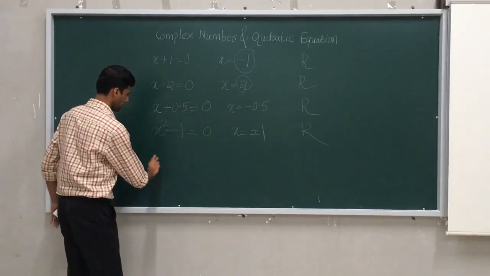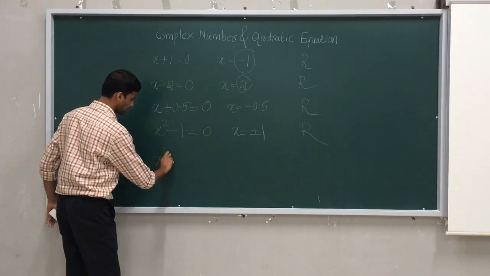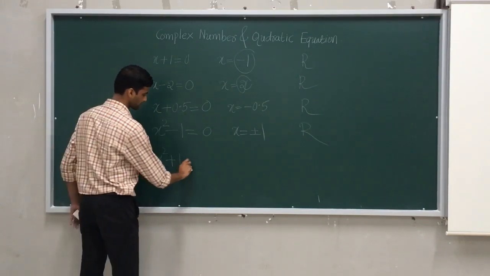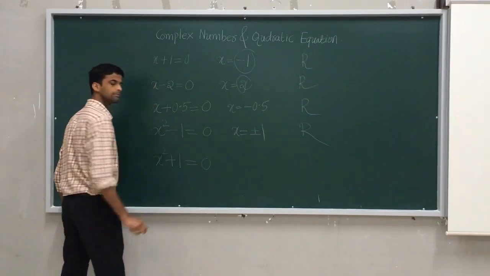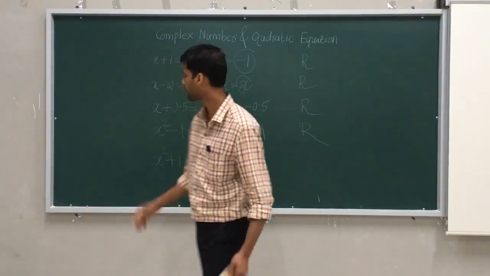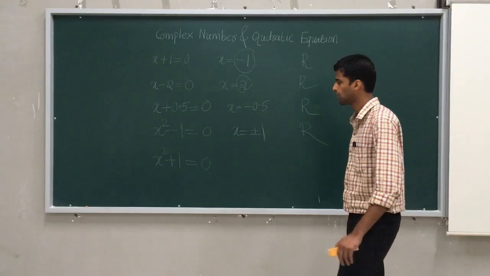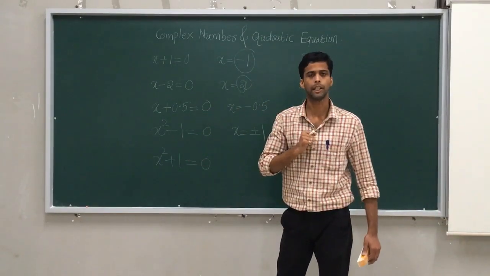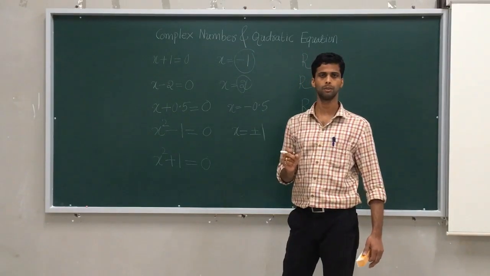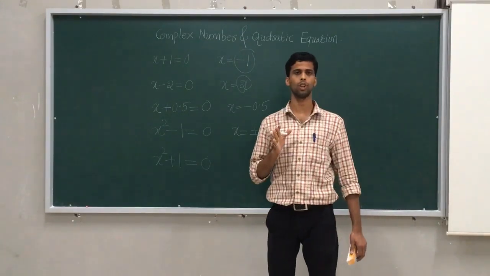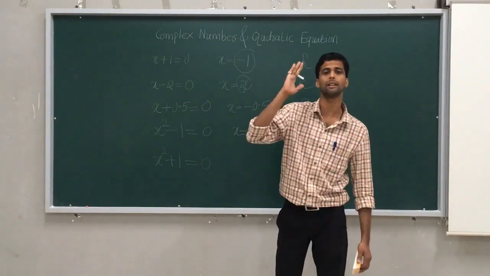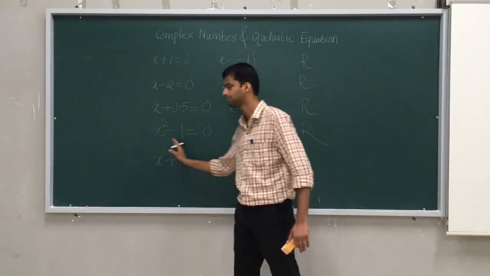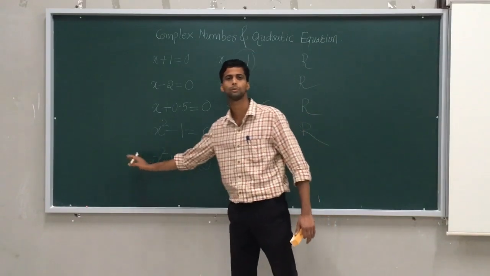But the question comes here, what do you mean by this? What is the value of x if you choose from real numbers in such a way that this relation is going to be 0?